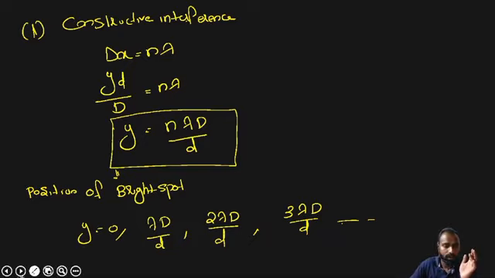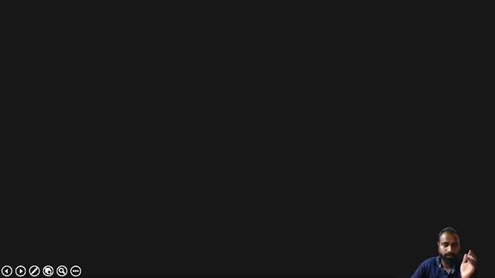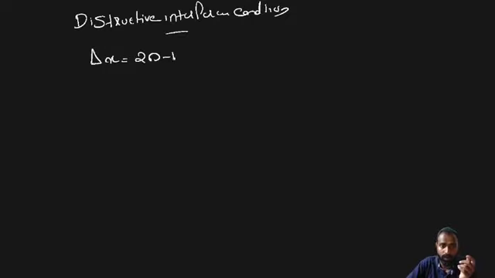And I can get another condition, the condition for destructive interference also. What will be the condition for destructive interference? You know that delta x is equal to (2n minus 1) lambda by 2.